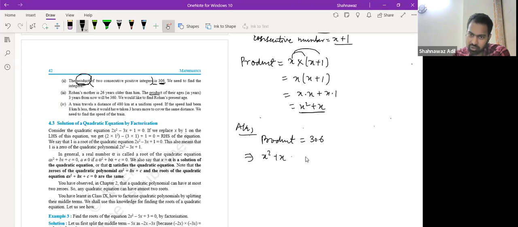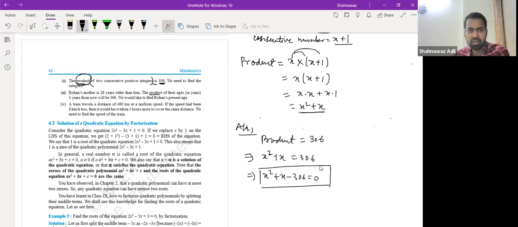So x square plus x equals 306. We can take this to the left hand side, so x square plus x minus 306 equals 0. This is the desired quadratic equation.